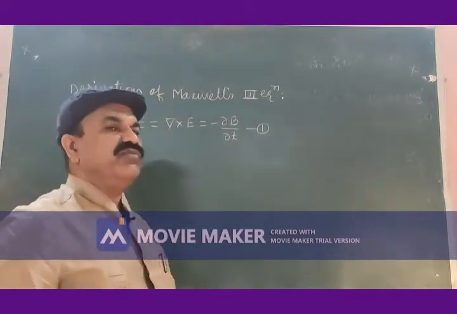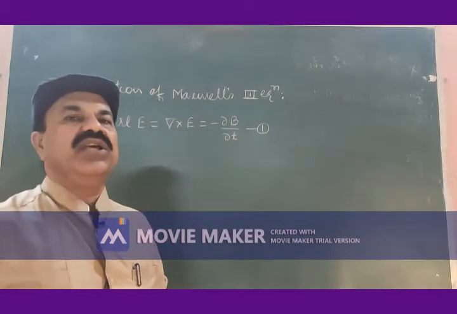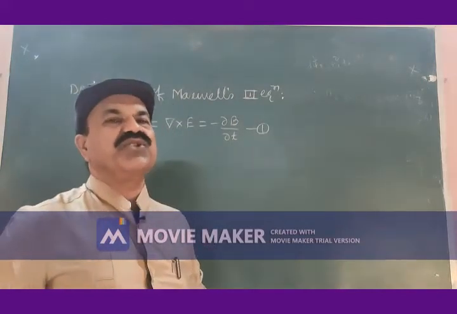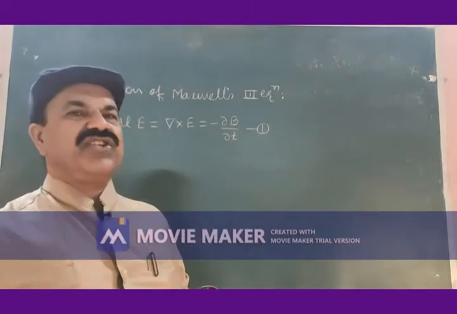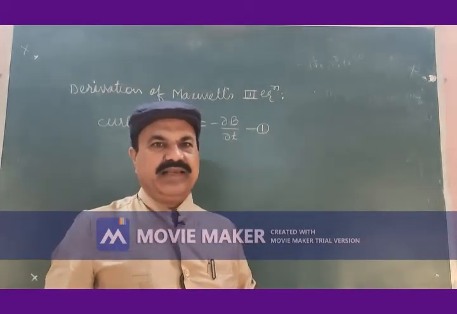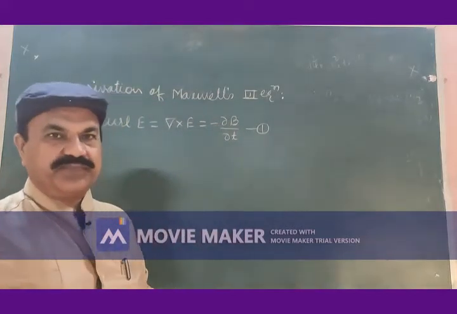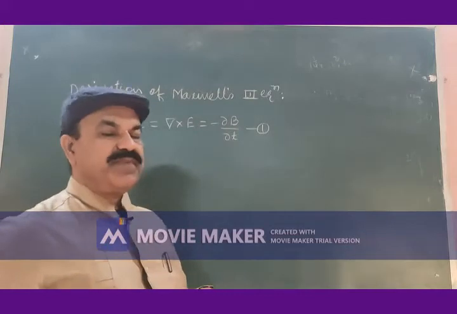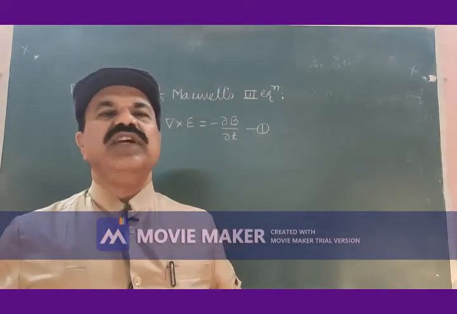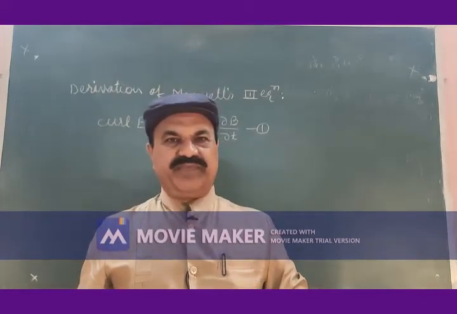Maxwell's third equation of electromagnetism is this: curl E or del cross E is equal to minus dou B by dou t, equation number 1. We want to derive this expression. To derive it, let us start with Faraday's law of electromagnetic induction for the induced EMF.